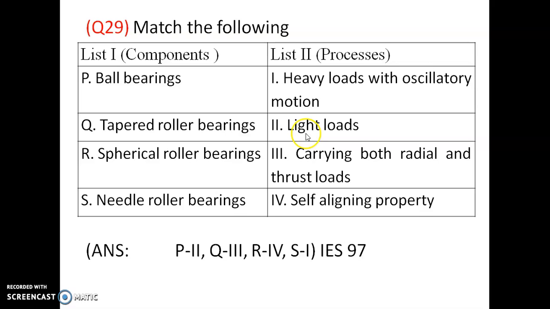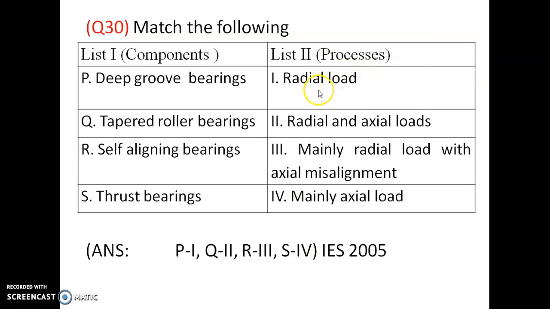Then spherical roller bearings, R, have the self-aligning property. And needle roller bearings can carry heavy loads with oscillatory motion, so that is 1.